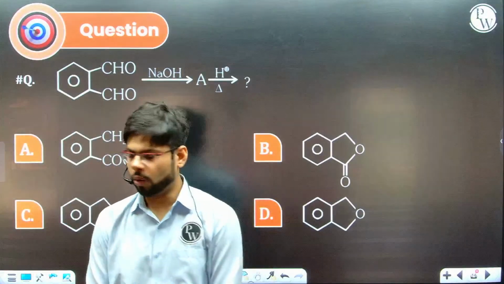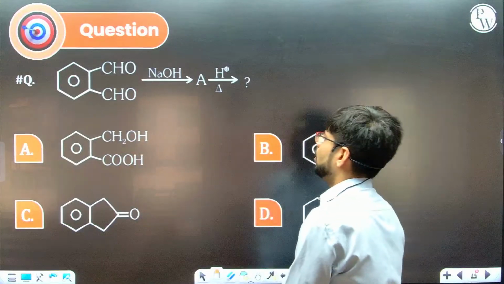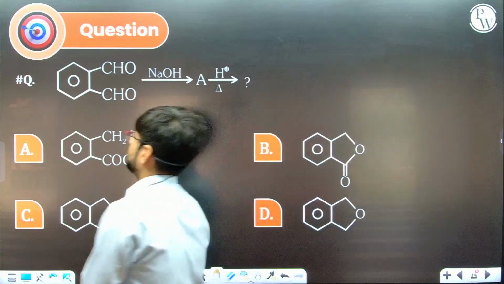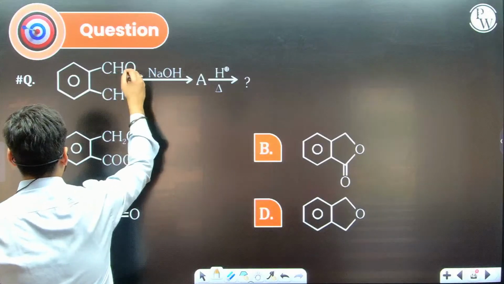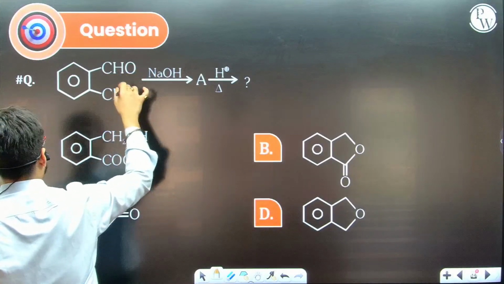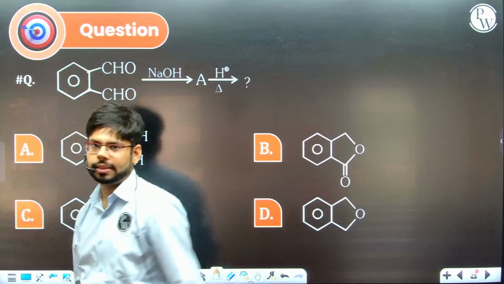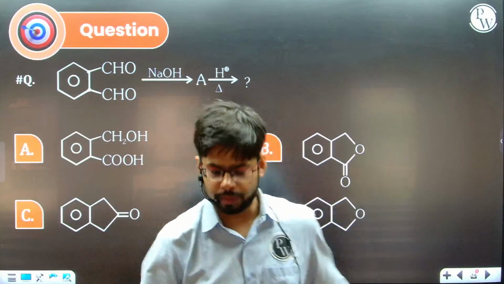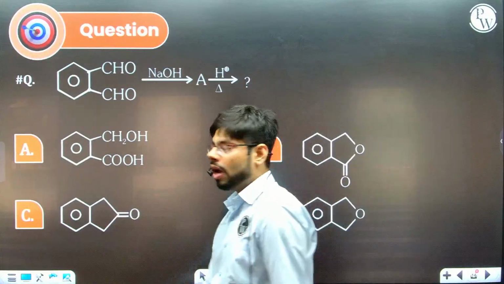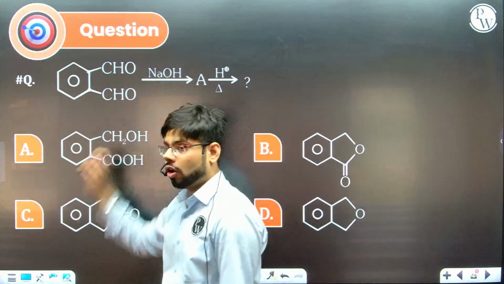Done? Okay. So this is an aldehyde. Also, this is an aldehyde. With respect to each aldehyde, if you look at the alpha carbons, then you will be able to arrive at the conclusion. Clearly, there is no alpha hydrogen, but we have used a strong base.